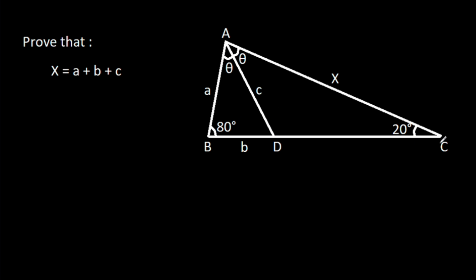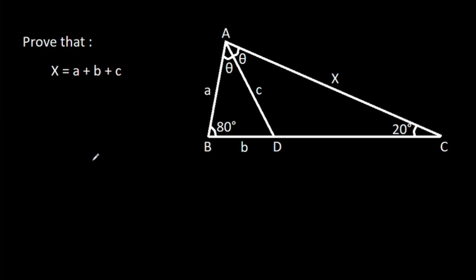Angle CAD is theta. And AB is A, BD is B, AD is C, and AC is X. Then we have to prove that X is equal to A plus B plus C.